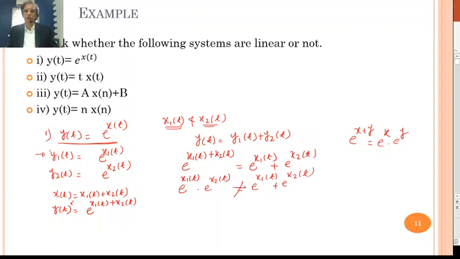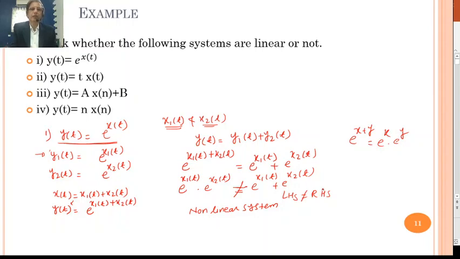As these both are not equal, this given system is a non-linear system, as the left hand side is not equal to the right hand side.